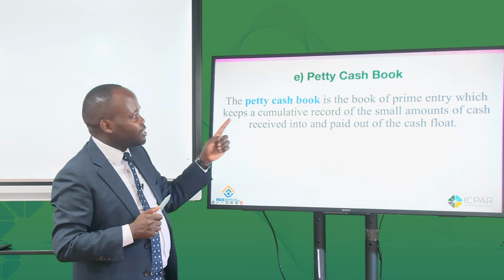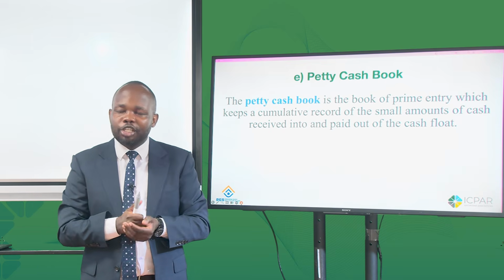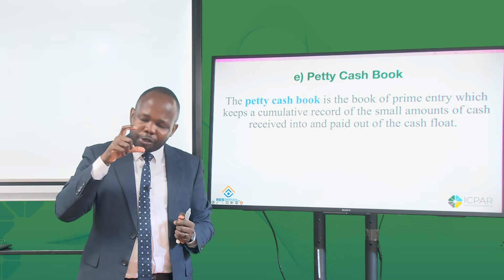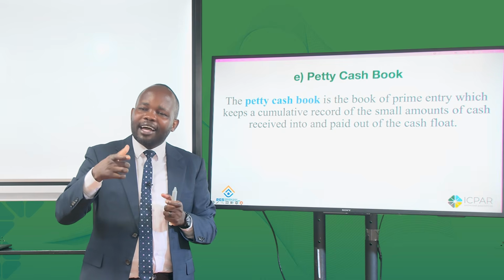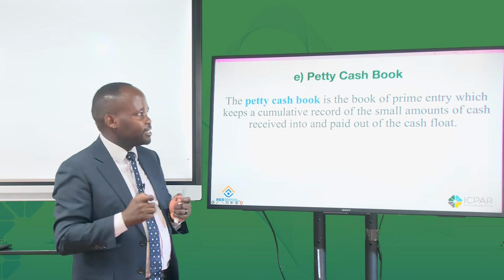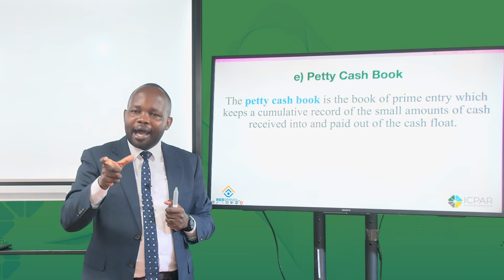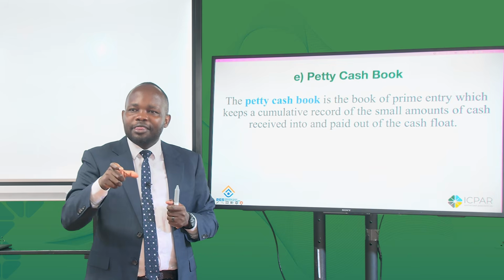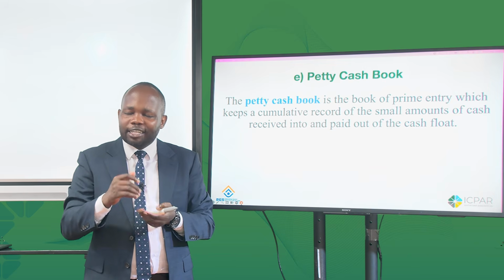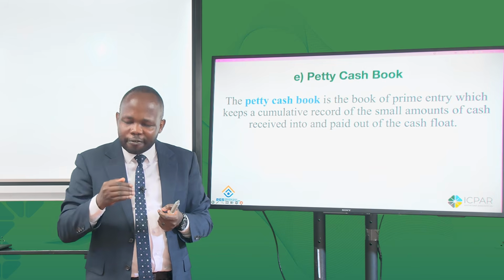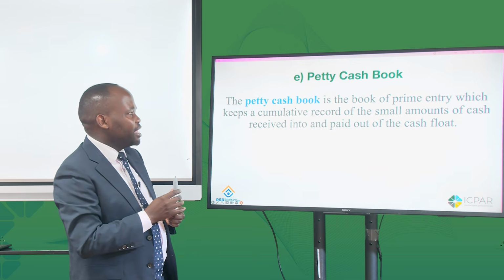And that leads us to what we call a petty cash book. Remember, in a cash book, we record the major cash payments and receipts. But when we come to petty cash, this is where we record the minor payments and receipts affecting our cash, that were either received or paid in cash.